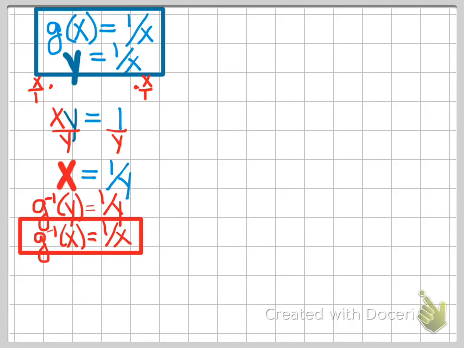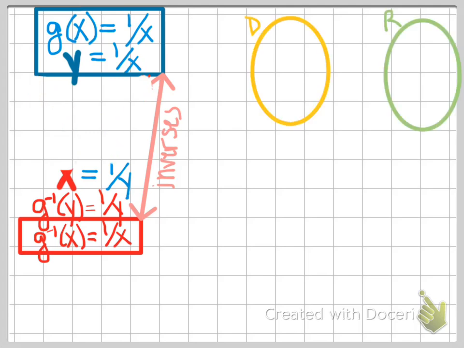The function takes us from the domain to the range, the original g of x. The inverse takes us from that point in the range to the original value that was in the domain. The original range becomes our new domain. And we can see that these values are inverses of each other, but they're also identical to each other.